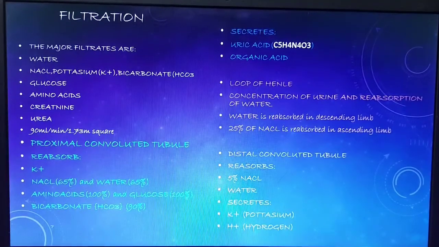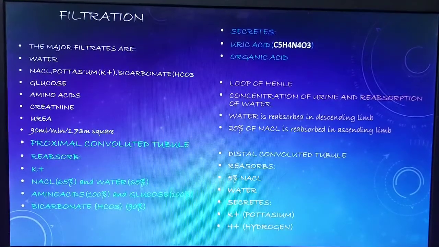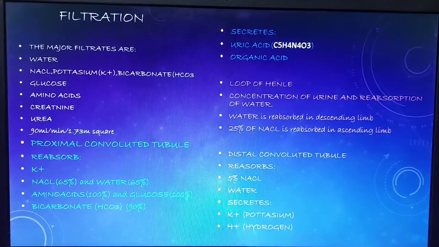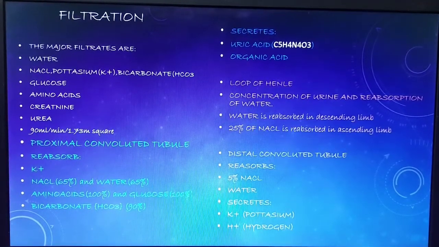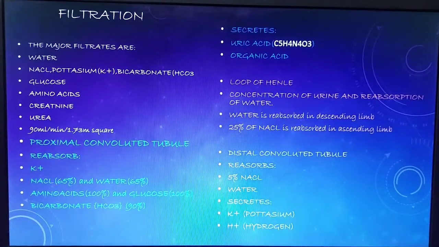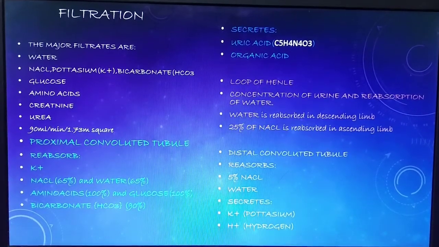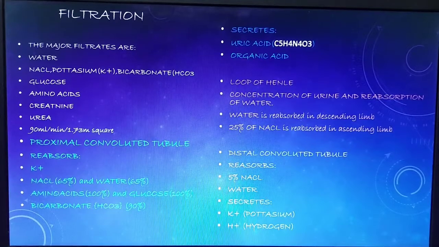If your kidneys and nephrons are functioning properly, you will excrete about 90 ml of waste per minute per 1.73 meter square. This is when the excreted portion enters the nephron, but most of it, about 80% of this will be reabsorbed. And now let us see about the filtration in proximal convoluted tubule.